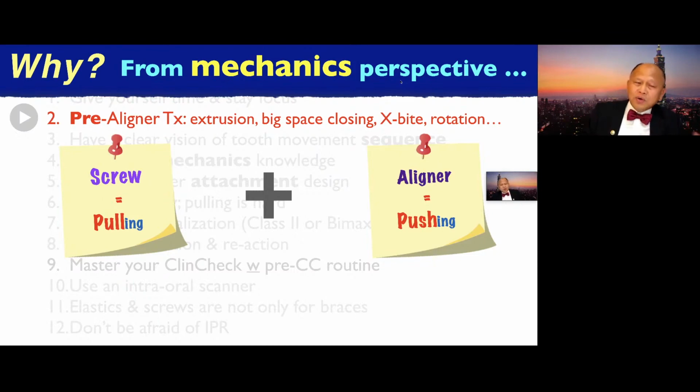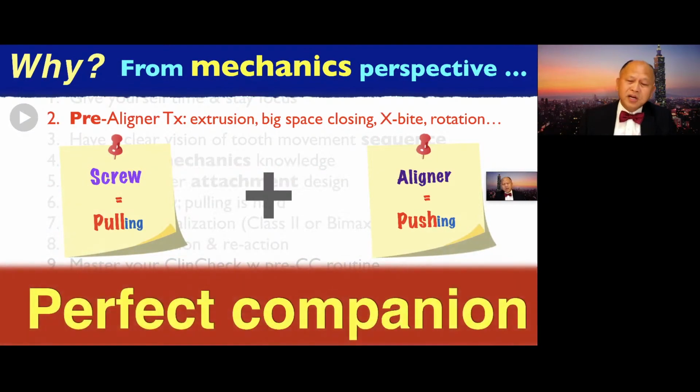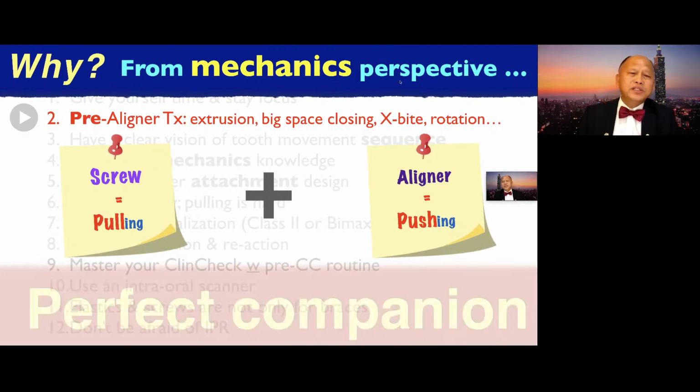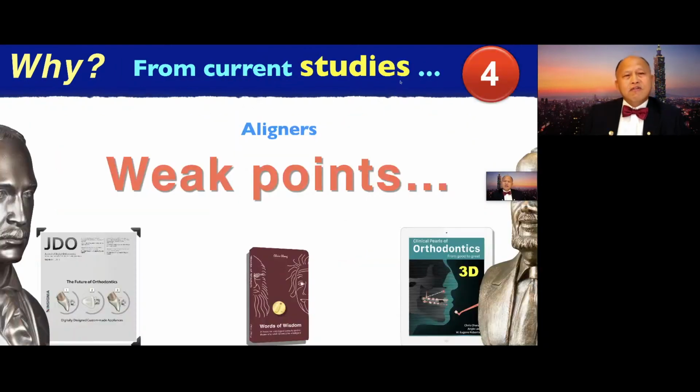So that's where the screw comes into play. If we can combine the screw, which is pulling, and the aligner pushing together, I think that will be a perfect companion. And the second reason is from current studies.